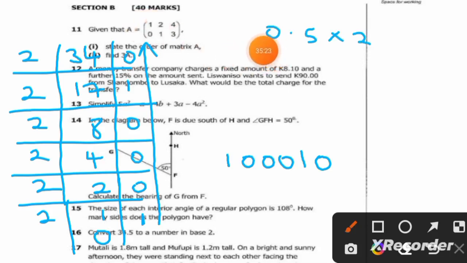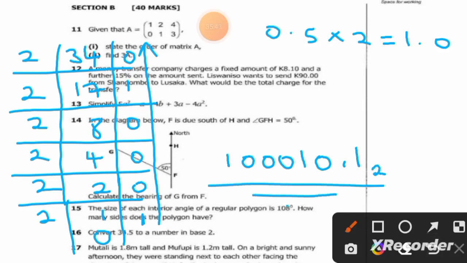So 0.5 times 2 is equal to 1.0. So here we are going to say 0.1, and the number is in base 2. So this is our final answer.